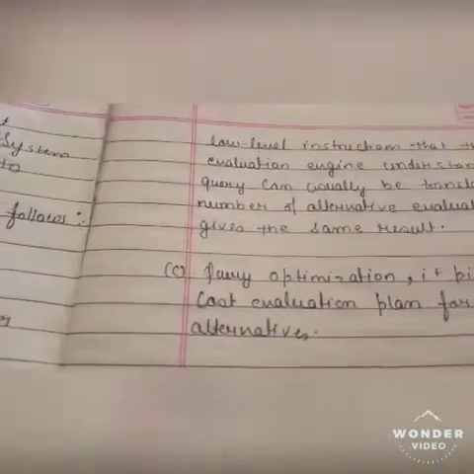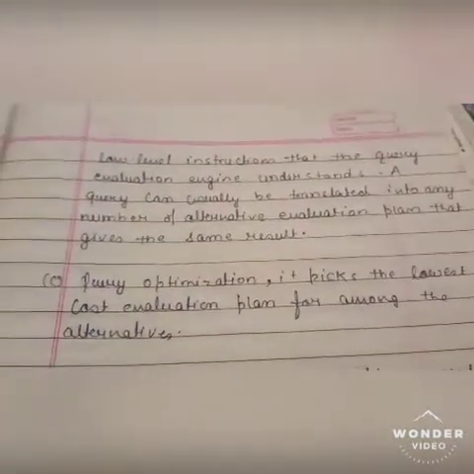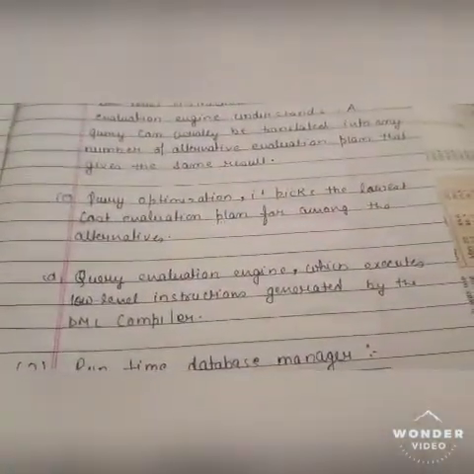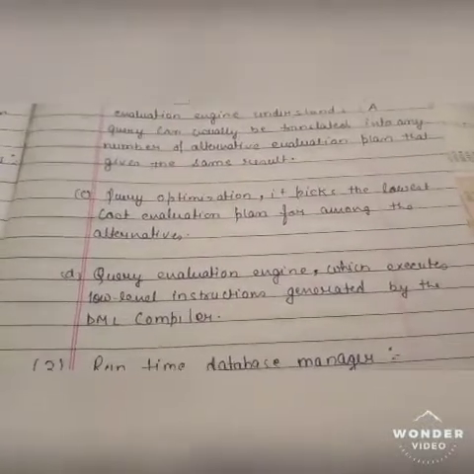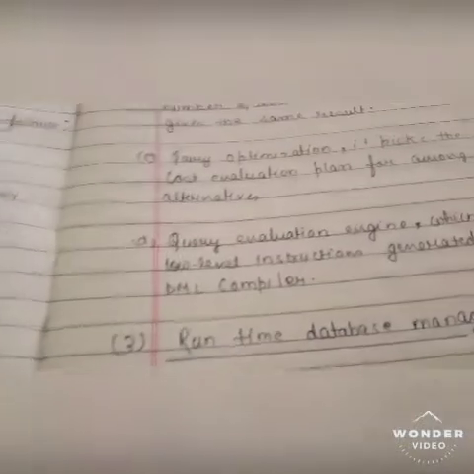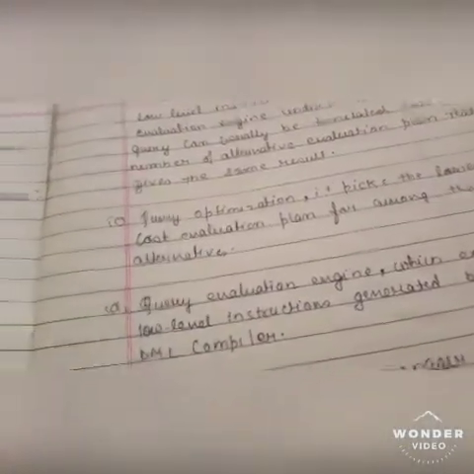Third is query optimization. It picks the lowest cost evaluation plan from among the alternatives. Query evaluation engine, which executes low-level instructions generated by the DML compiler. So these are all the components of query processor.